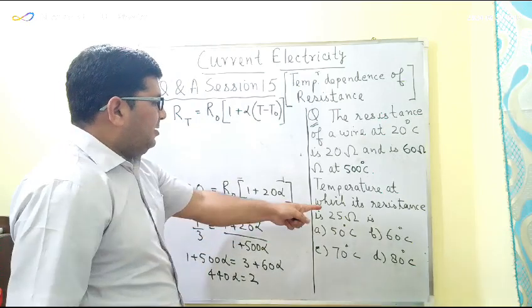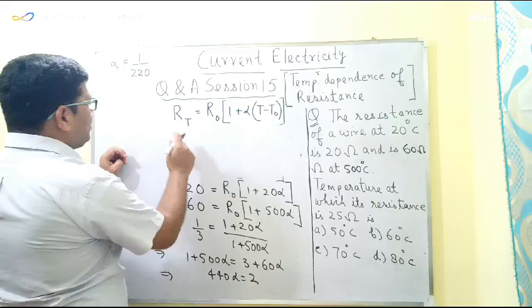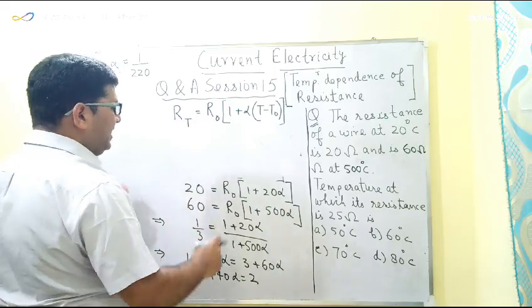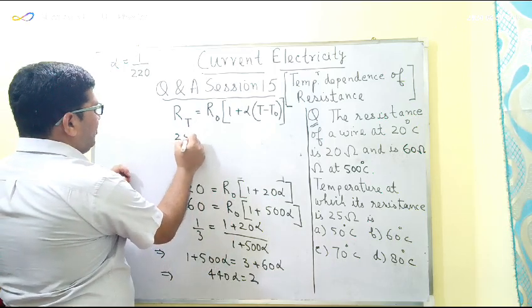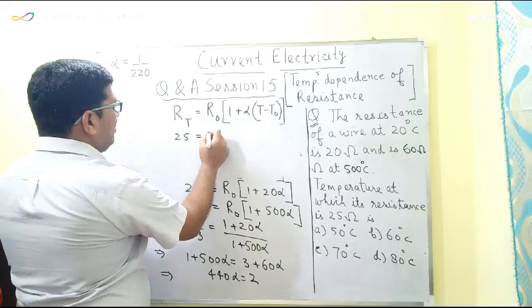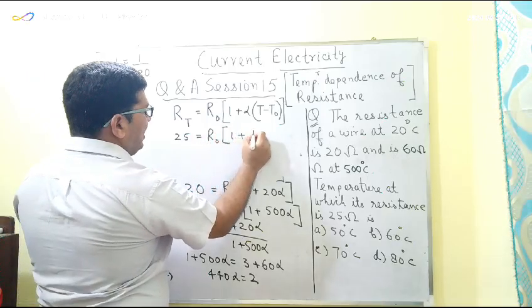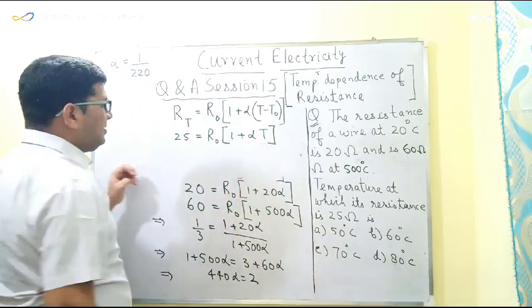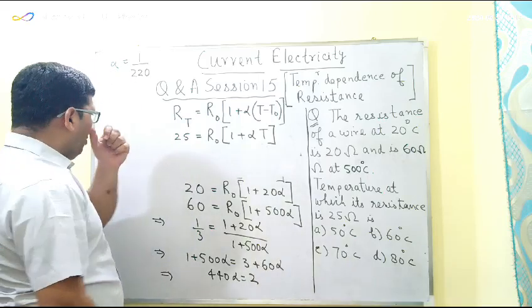Now we have to find the temperature at which its resistance is 25 ohms. So I will again use the equation R_T = R_0 (1 + alpha T). That is, 25 is equal to R_0 (1 + alpha T). Here T is the temperature at which its resistance is 25 ohms.